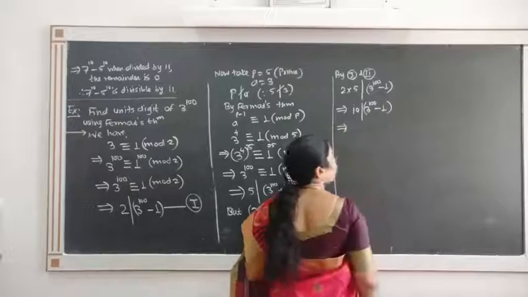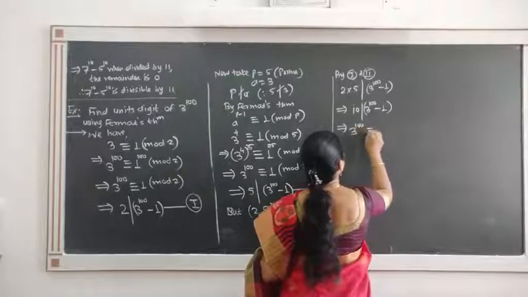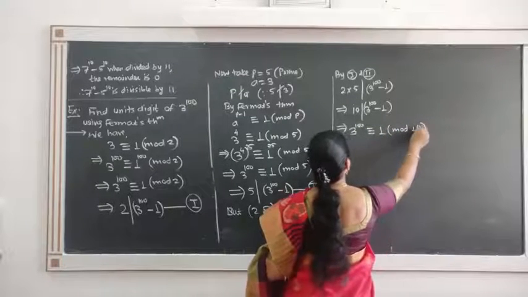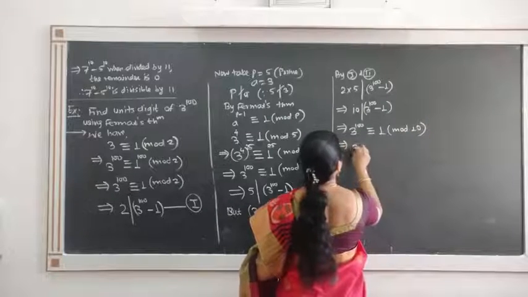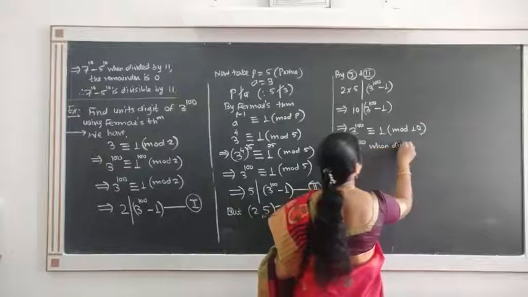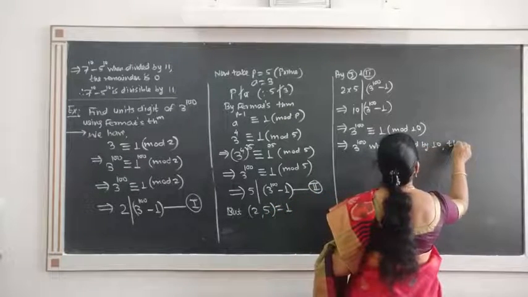So by definition of congruence, 3 raised to 100 is congruent to 1 modulo 10. This means that 3 raised to 100 when divided by 10, the remainder is 1.